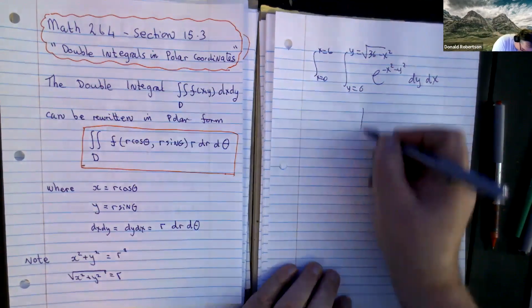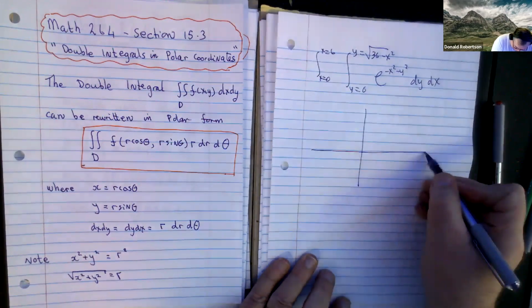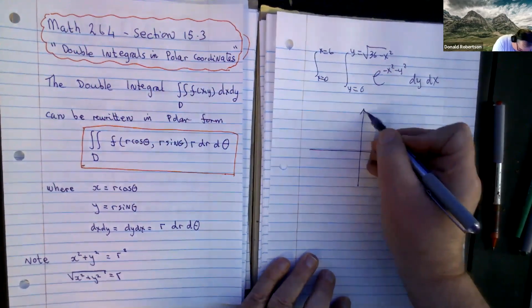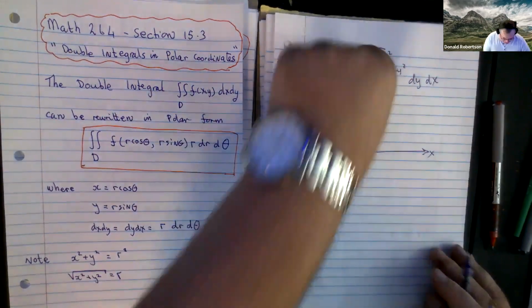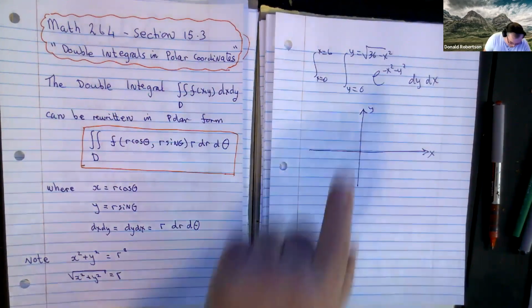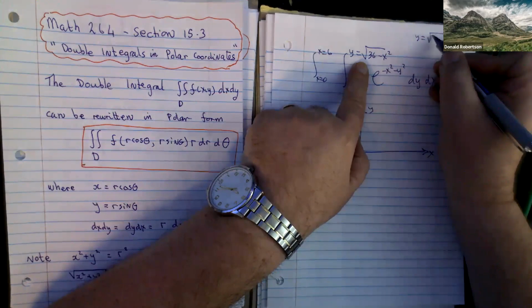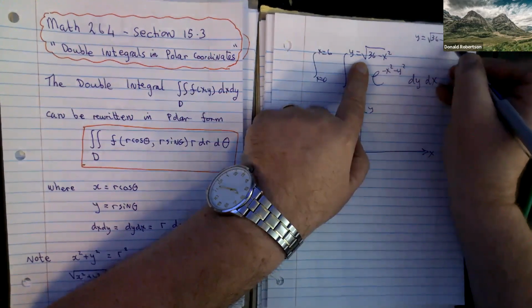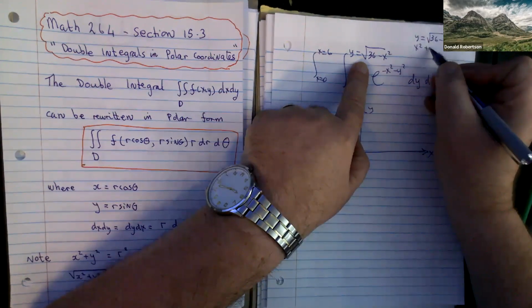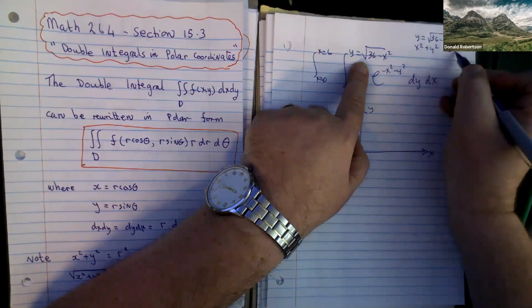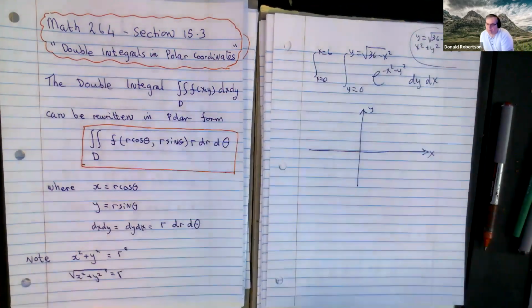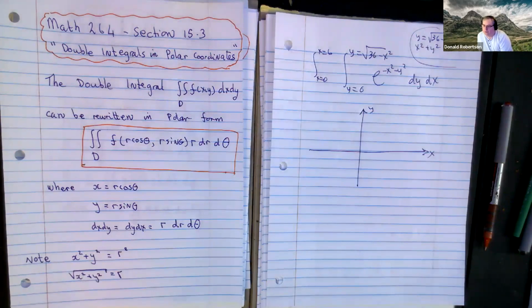So let's try and reconstruct this region in terms of x and y. If you take y equals the square root of 36 take away x squared and you rearrange it, can you trust me you end up with that? Isn't that just a disguised circle?